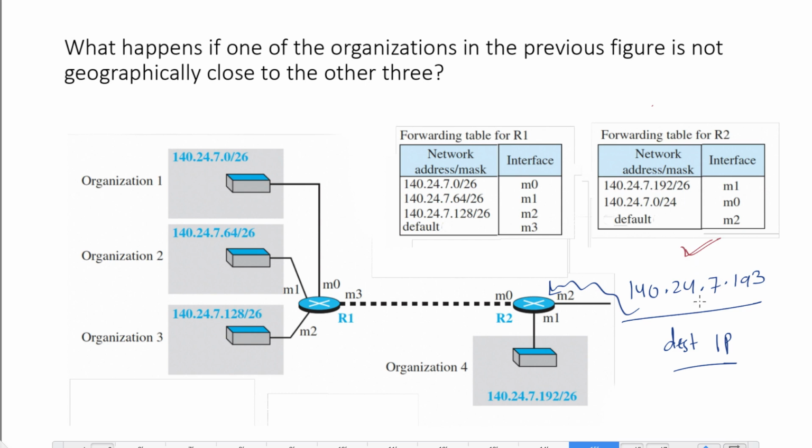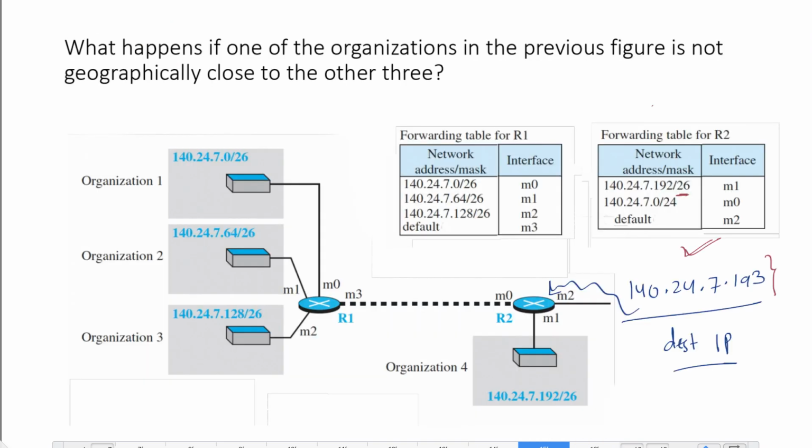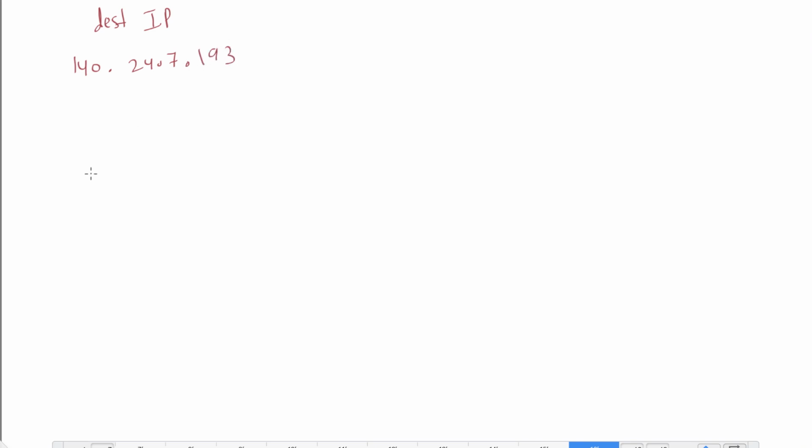What we need to do is take this and apply the 26 mask, and then check whether this belongs to this network or not. If you apply the 26 mask to this IP address, you will find that the network ID will be 140.24.7.192. How are we going to apply it? This is the destination IP, 140.24.7.193, and we need to apply the mask of 26 and see what we get as a network ID.